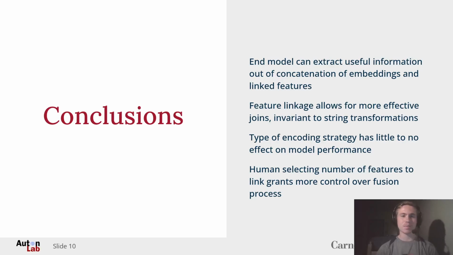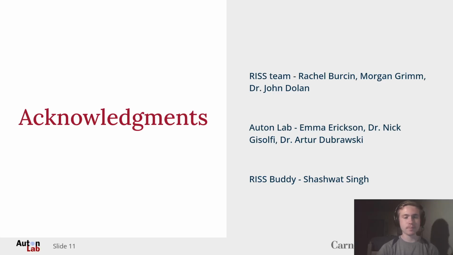It gets the semantic meaning of the feature instead of just the characters in the feature name. The type of encoding strategy really has little to no effect on the end model's performance, and the human selecting the number of features to link grants more control over this fusion process, which is really nice for the end user.